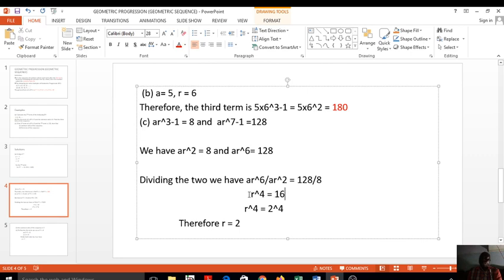Then what we are supposed to do is simplify this 16 so that its power is the same as r to the power 4.